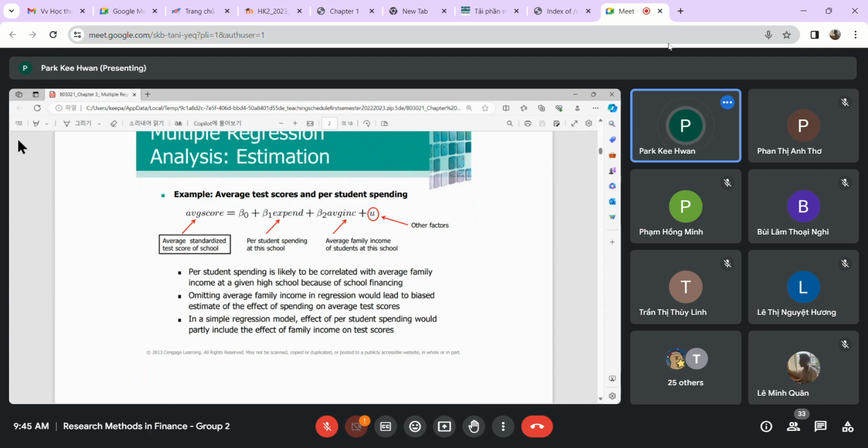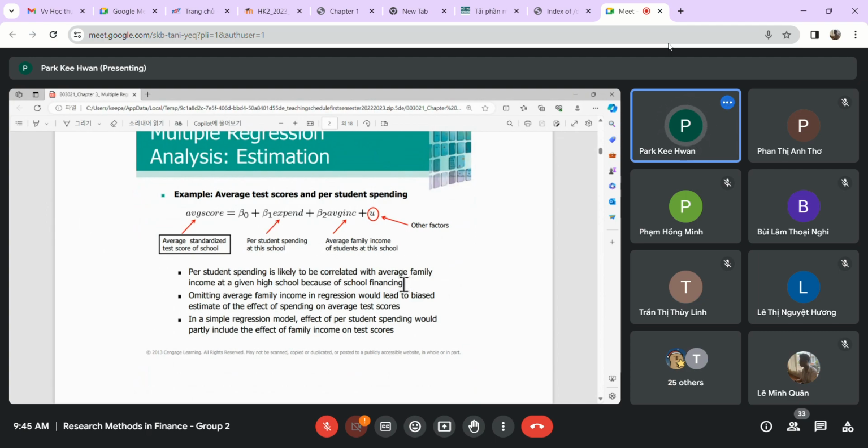Now suppose that, first of all, we notice that the first explanatory variable, per student spending, and the second variable, average family income, are likely to move together, to be correlated at a given high school because of school funding, financing.